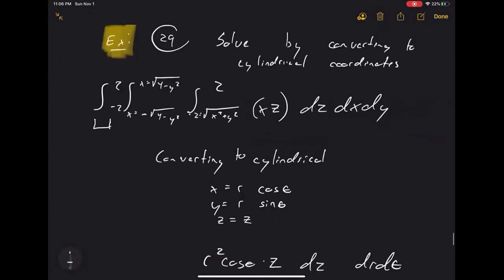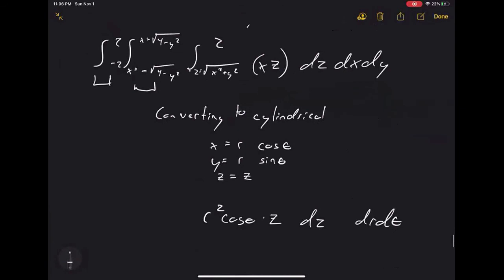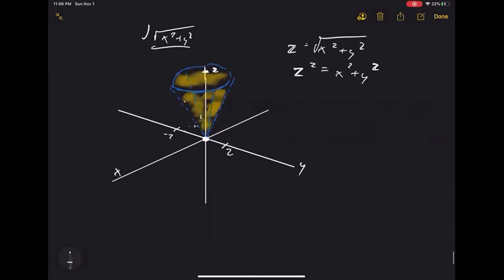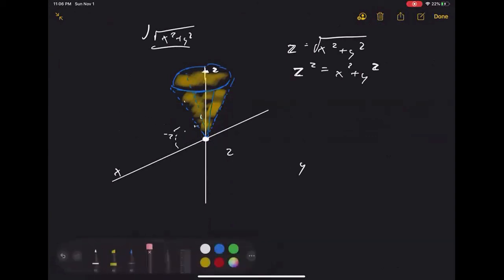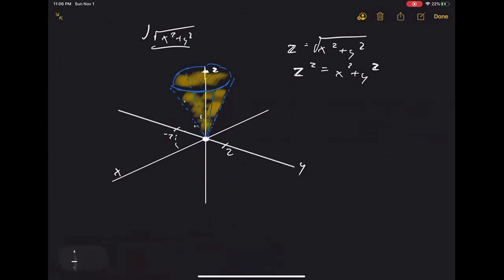Then we had this set of bounds for x. Okay, x is greater than or equal to -sqrt(4 - y squared), which is really this curve back here. Okay, and then it's less than or equal to the square root of 4 minus y squared.